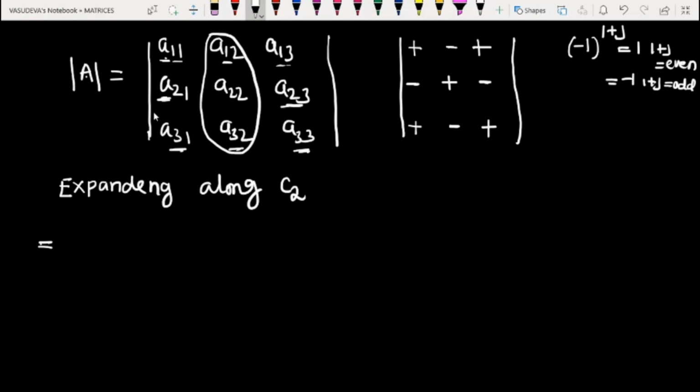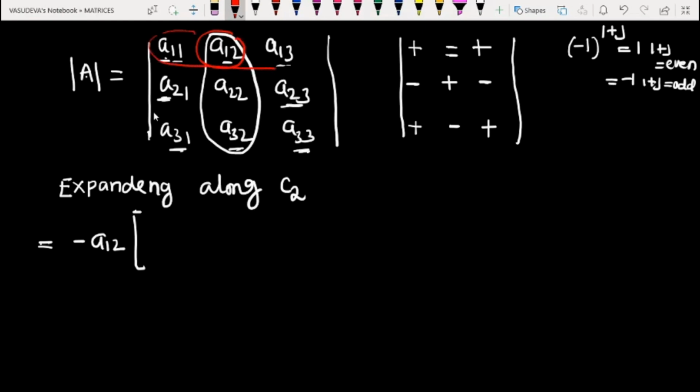What is the sign here? It is minus. So minus A12 times the determinant. A12 lies in the first row and the second column.